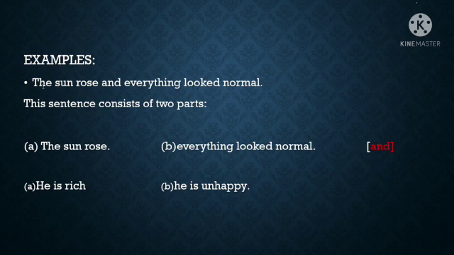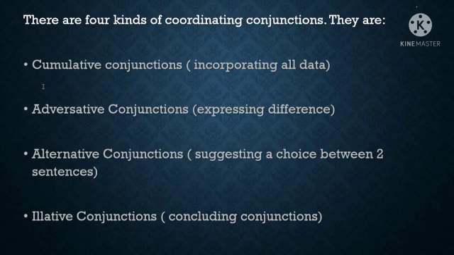So you have to use the coordinating conjunction after the first main clause so that the two main clauses would be connected. But while doing so, you are not supposed to change the meaning of the sentence. Okay, so he is rich, he is unhappy. So what is the answer? He is rich, but he is unhappy. Is it clear, students?